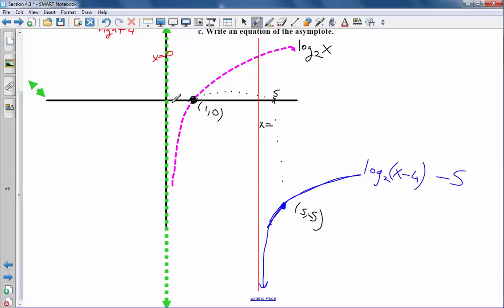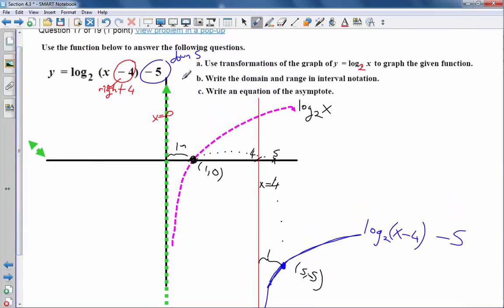And this point was 1 unit to the right of the asymptote. So this one should still be 1 unit to the right of the asymptote. If the x-coordinate is 5, the asymptote should be 4 then. So I know the new location of the new asymptote. It's x equals 4. What else is needed?